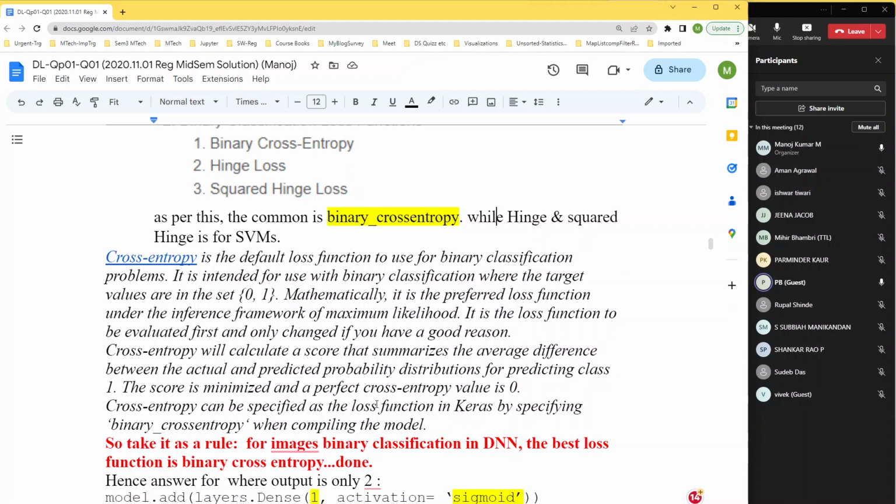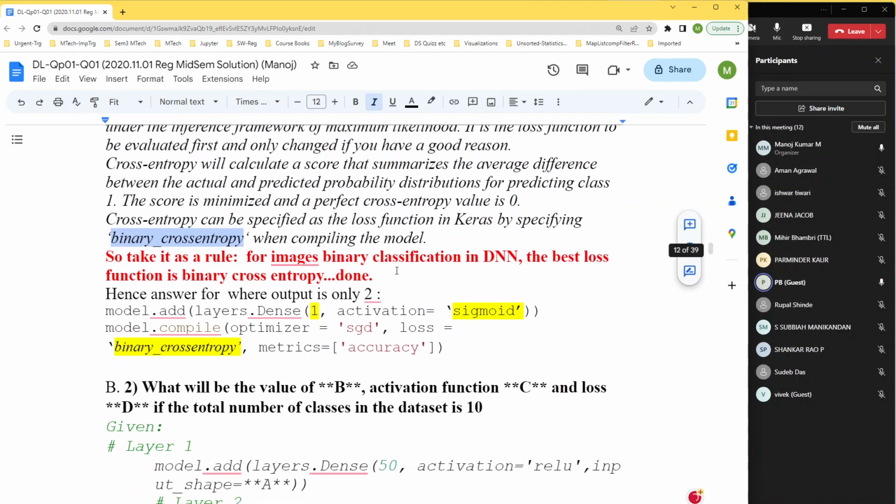The score is minimized and a perfect cross entropy value is 0. Cross entropy can be specified as a loss function by specifying binary cross entropy. This is the parameter that we need to give when compiling the model. So take it as a rule: for image binary classification with a deep neural network, the best loss function is binary cross entropy.